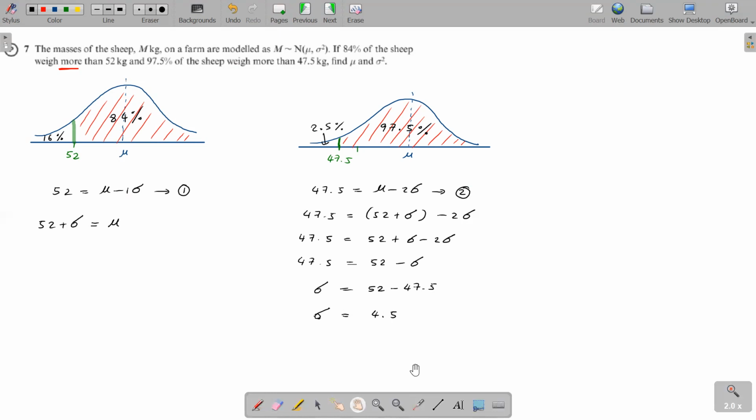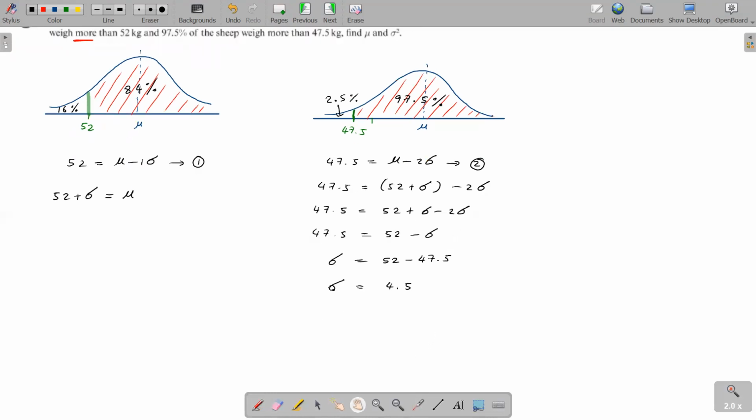First we have sigma, so let's find mu and then we'll go for sigma square. Mu is equal to 52 plus sigma. Guys, get the answer: 52 plus 4.5 is 56.5.